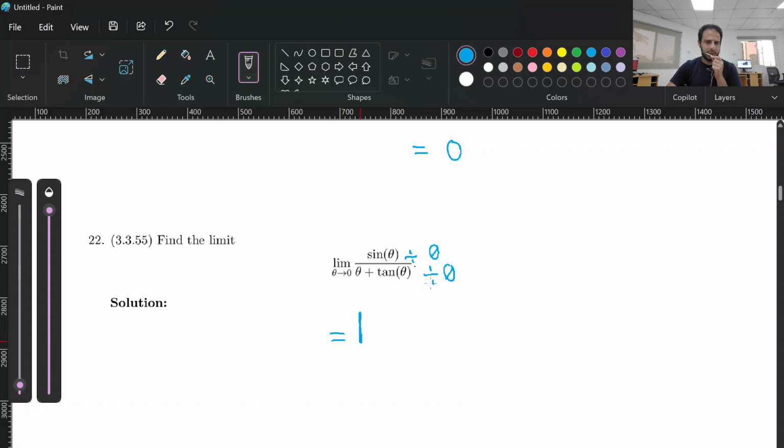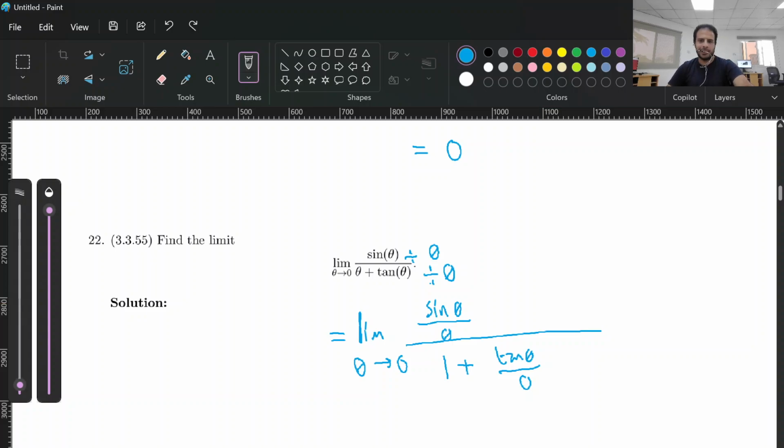So this becomes limit as theta goes to 0 sine theta over theta. Do you see the idea now? You know, sine theta over theta is 1, right? Yeah. Now theta down, distribute division. You get theta over theta is 1 plus tan theta over theta. But what is tan? It's sine over cosine, right?